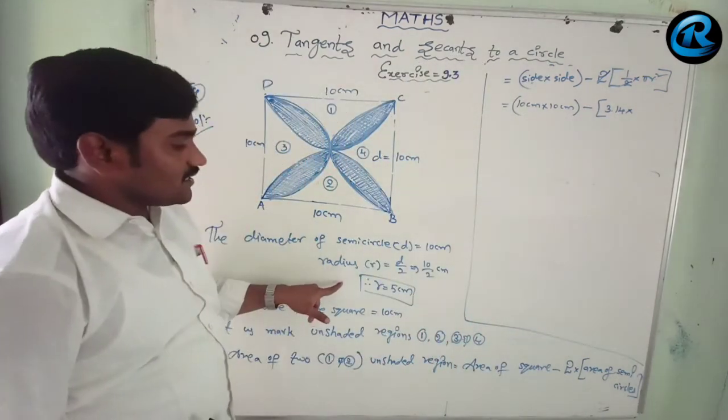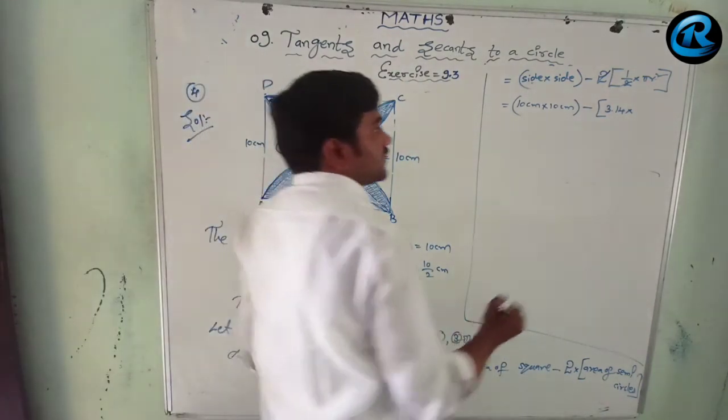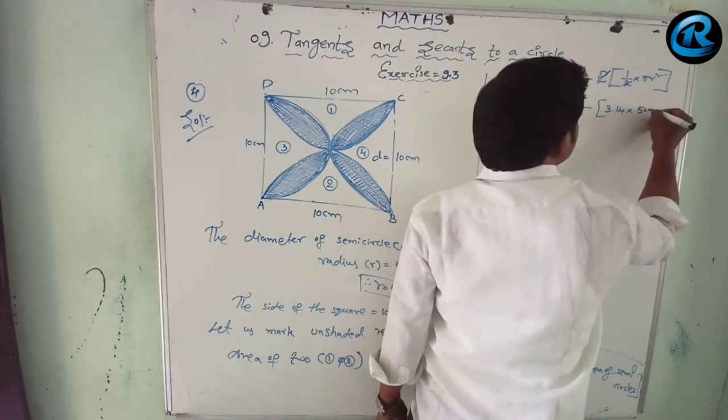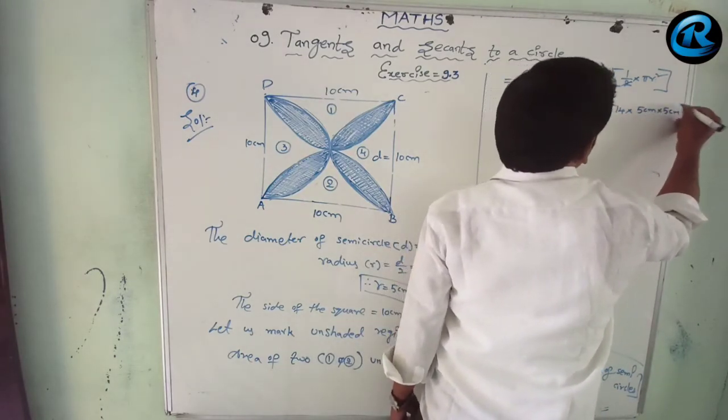The radius of the semicircle is 5 centimeters.